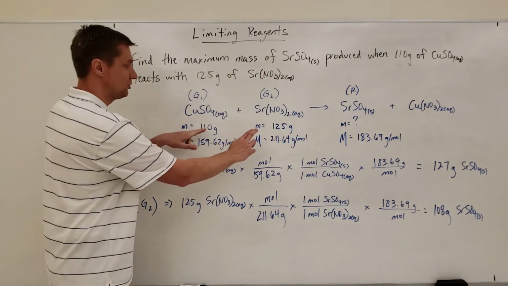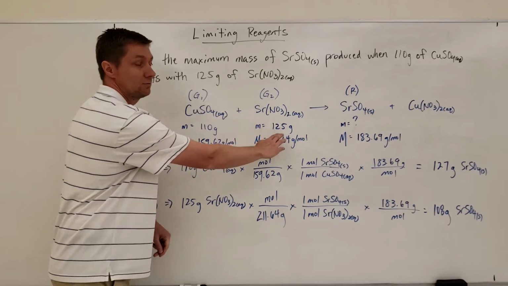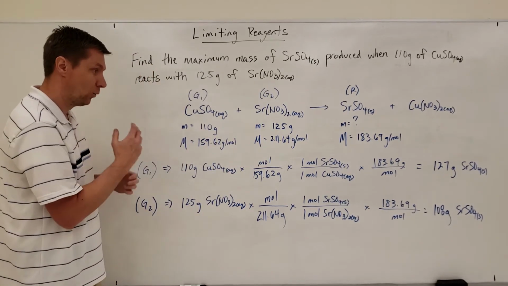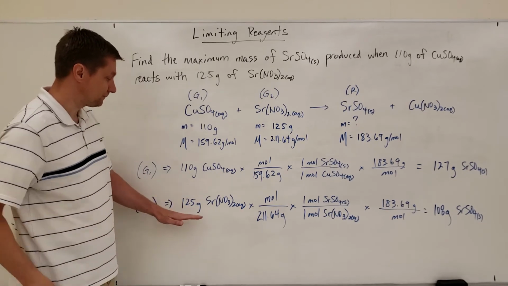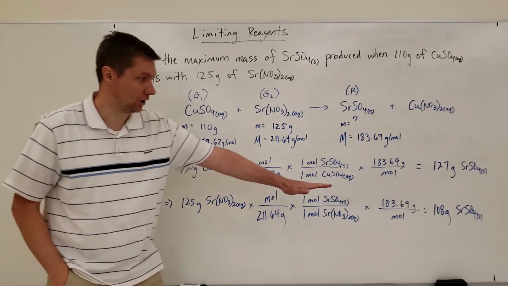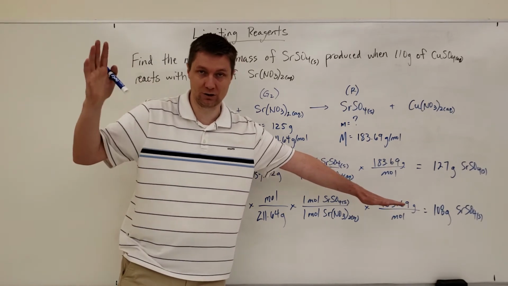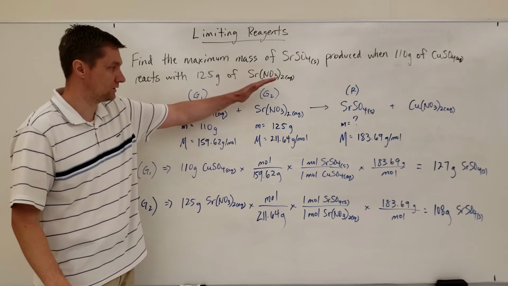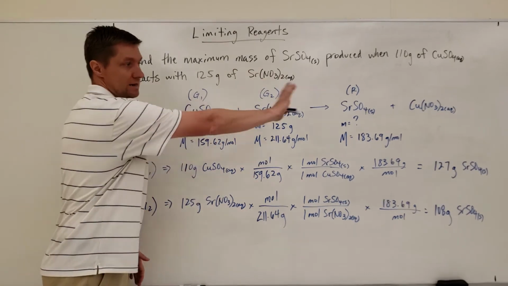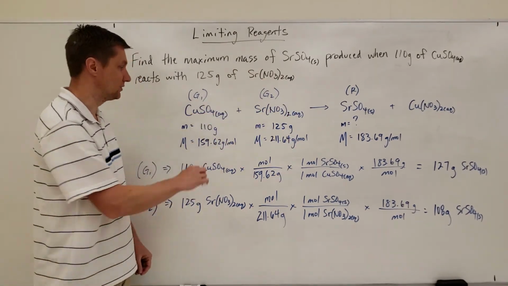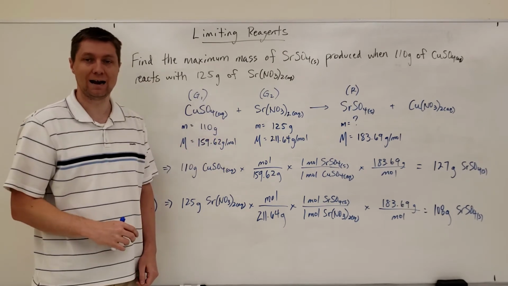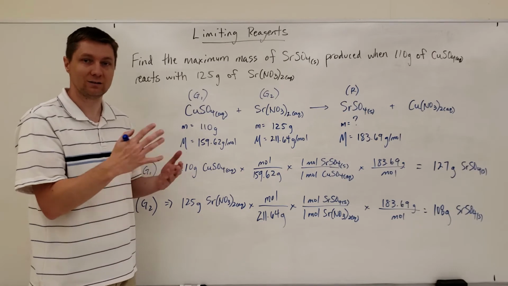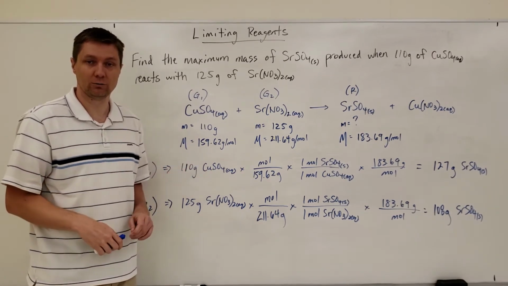So if I have these two limitations where I have 110 grams reacting with 125 grams, what I'm now saying is that once I reach the 108 gram level of strontium sulfate being produced, I am out of strontium nitrate. And once all of this is gone, this reaction stops happening. And so the rest of the 110 grams won't be able to react.